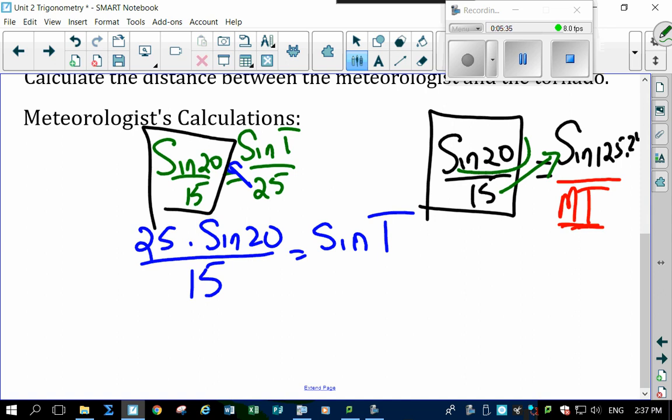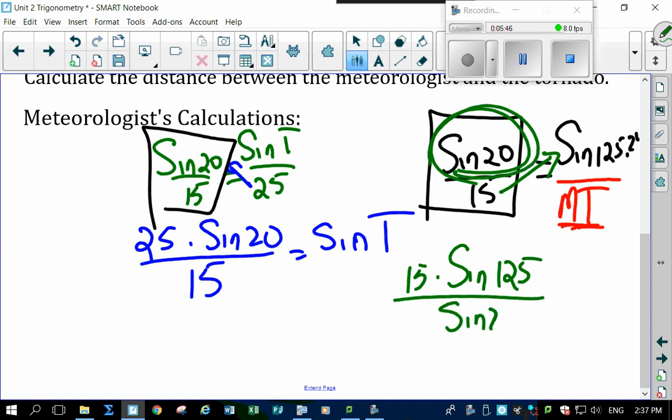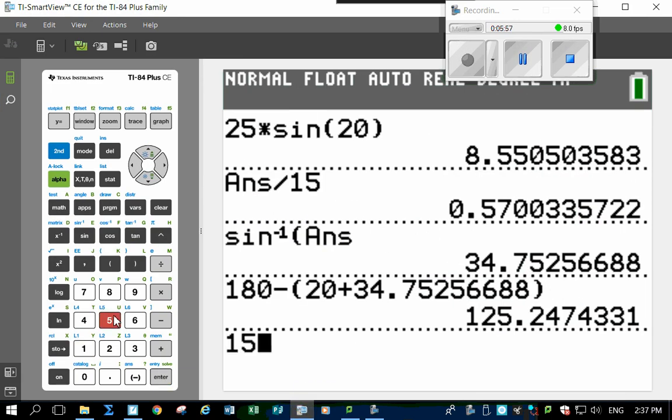15 times this divided by sine 20. So we got 15 times the sine of that 125 angle divided by sine 20, which will give us the distance to the tornado, and what the meteorologist predicted his distance to be. Bring up the calculator. 15 times sine 125.